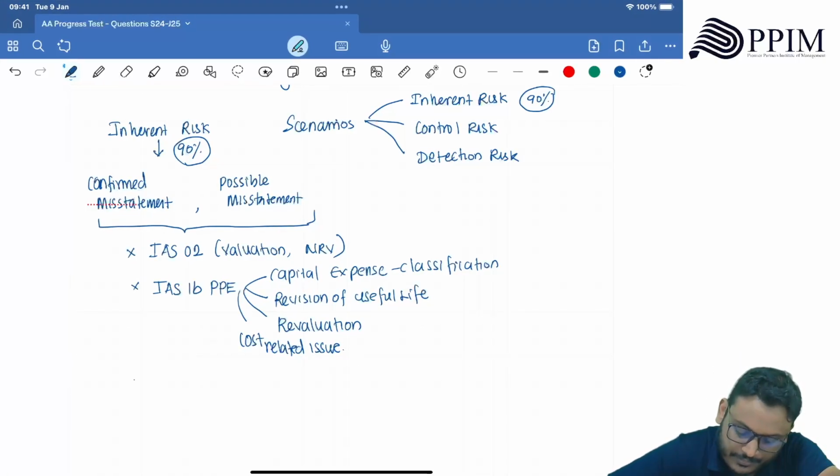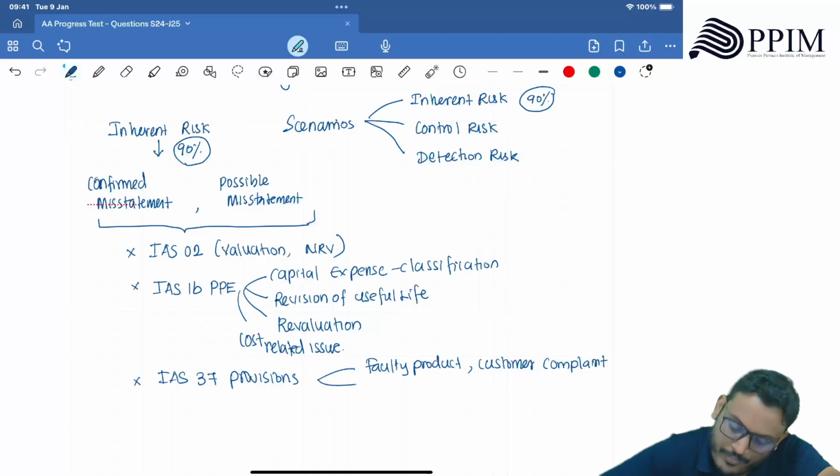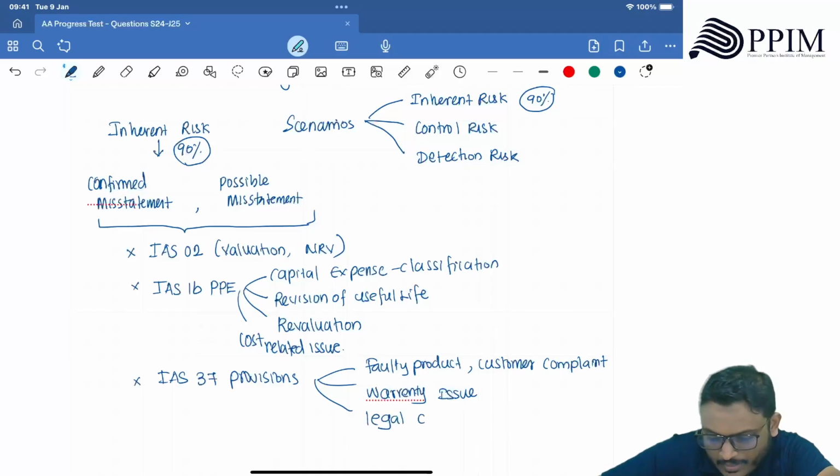Third one, IAS 37 provision. So faulty product, customer complaint, warranty issue, legal case, non-compliance with legality.